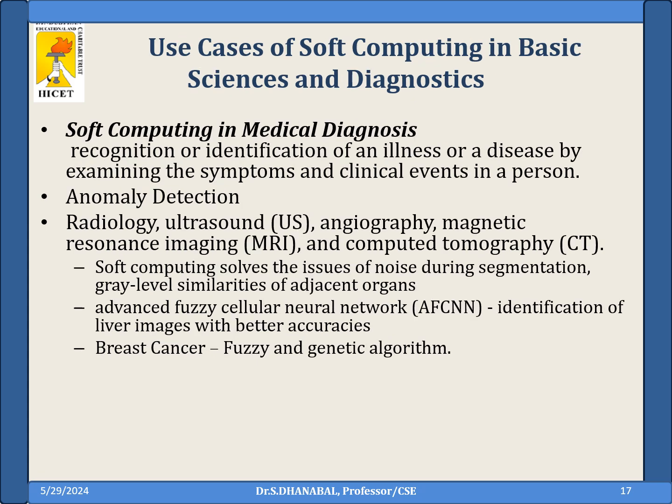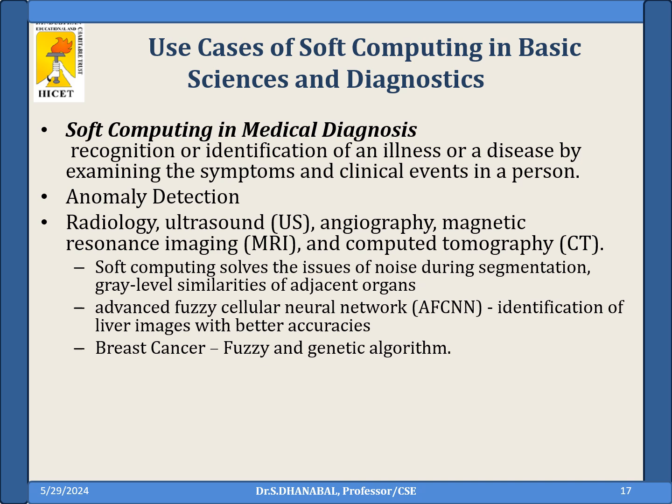Soft computing in medical diagnosis: recognition or identification of an illness or a disease by examining the symptoms and clinical events in a person. So we can predict anomaly detection in radiology, ultrasound, angiography, magnetic resonance imaging and computed tomography. All those things play a vital role.